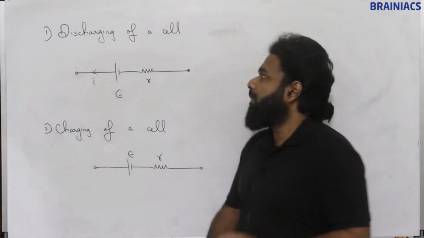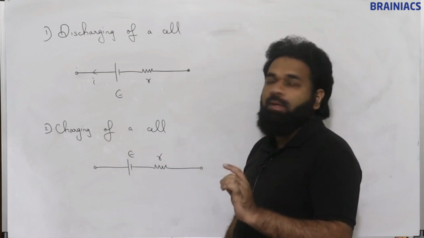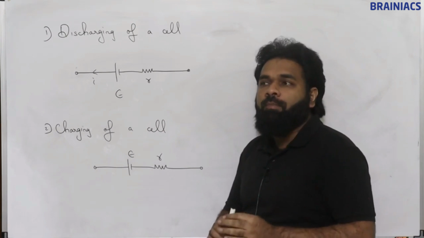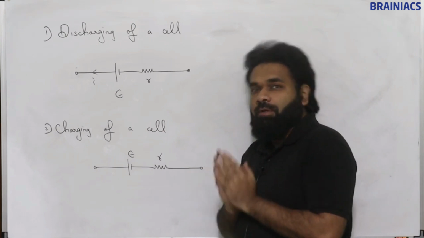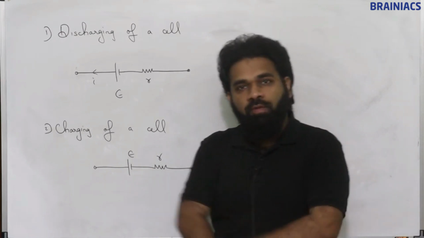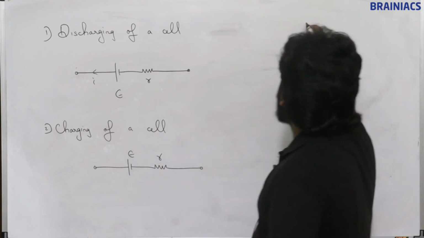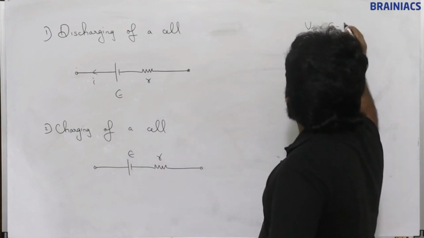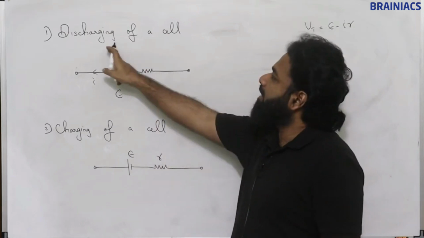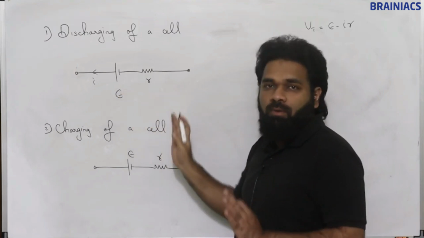Look here students, now a cell can be there in various situations. Generally we said the terminal potential difference or terminal voltage is V, that is Vt, equal to E minus Ir. That is for the discharging of a cell, which is what we have seen so far.